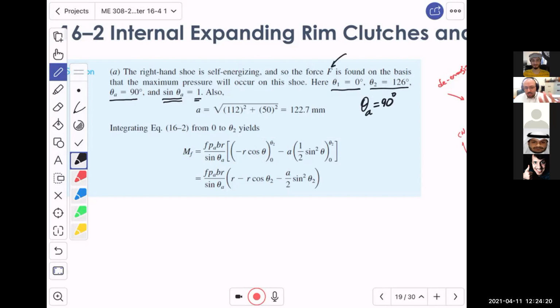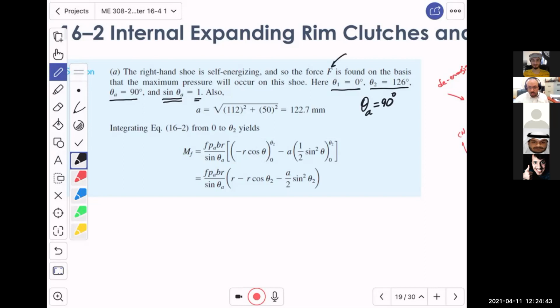So even, let's say in this problem we are going to solve the problem for both the left and the right. But let's say for whatever reason you are being challenged to make an answer very quickly, focus on the self-energizing.